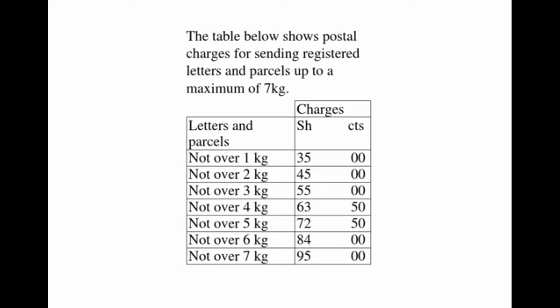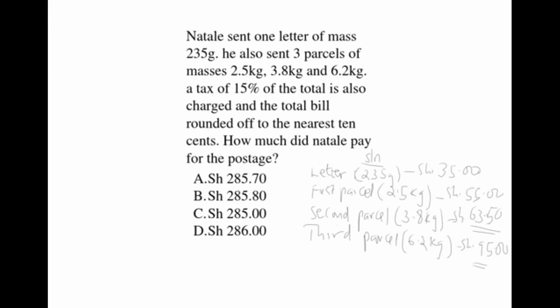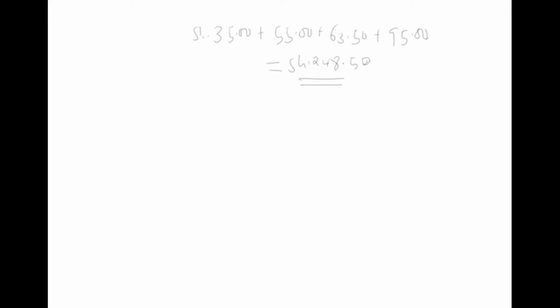Then we are told he was charged a tax of 15% of the total. So we take the total as 100%. With a tax of 15%, we get 115%.